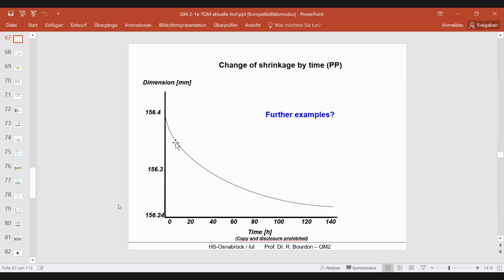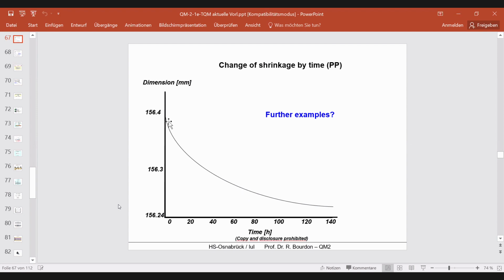So in these cases, you must make sure that you measure the parts always after the same time after production, not in one case directly after production, then next time one day after, or if there is a weekend between the productions after 2 days or 3 days.